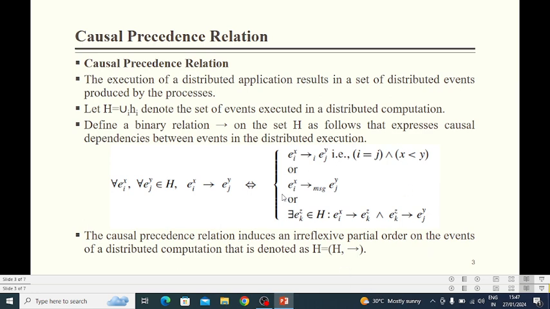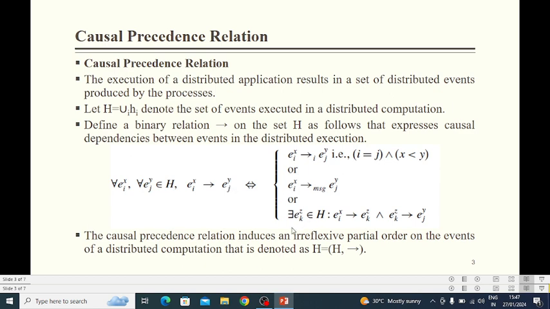Similarly, if the xth event of the ith process sends a message to the yth event of the jth process, then also we have a causal dependency between them.